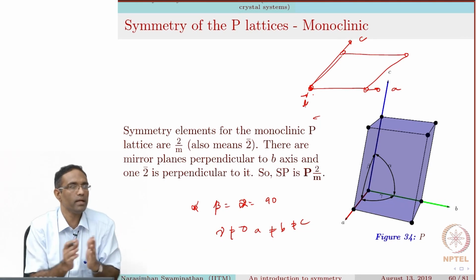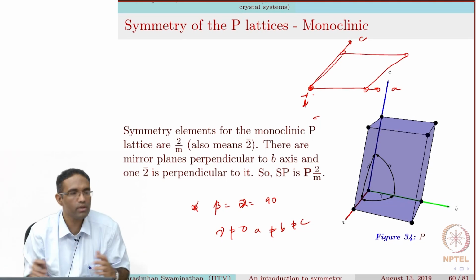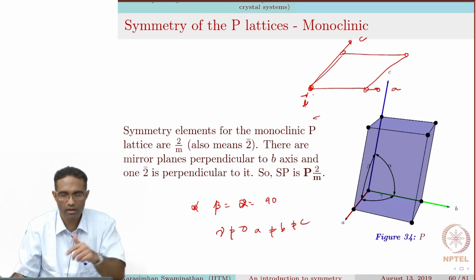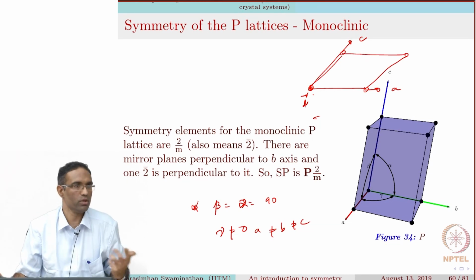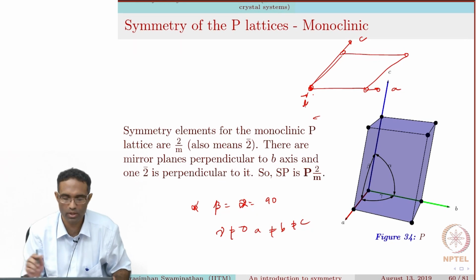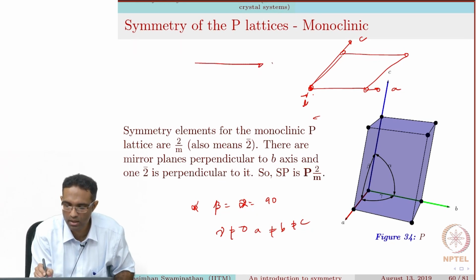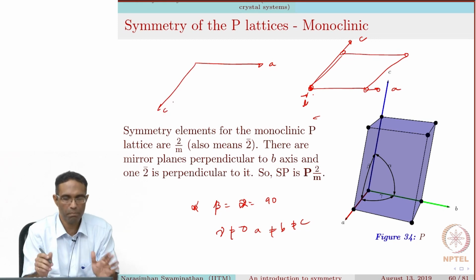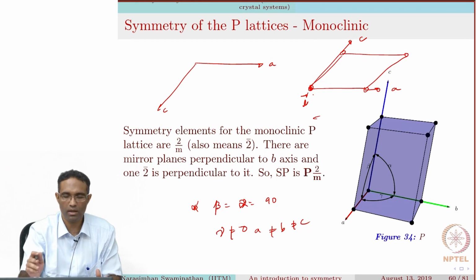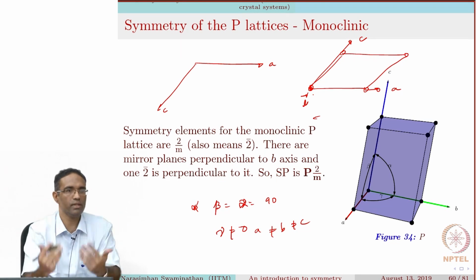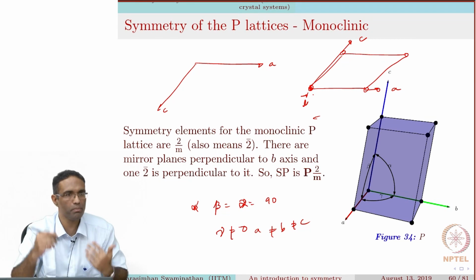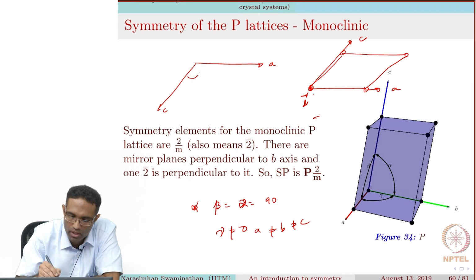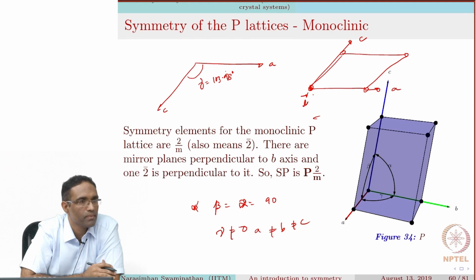Whenever you look at the International Tables of Crystallography, whenever you are talking about space groups which have only this two-fold symmetry associated with them, like monoclinic unit cells, they will usually mark A like that and C like that. The B is usually going to be pointing outside of the page, and they will mention an included angle of gamma equal to whatever, say 103.98 degrees or something like that.